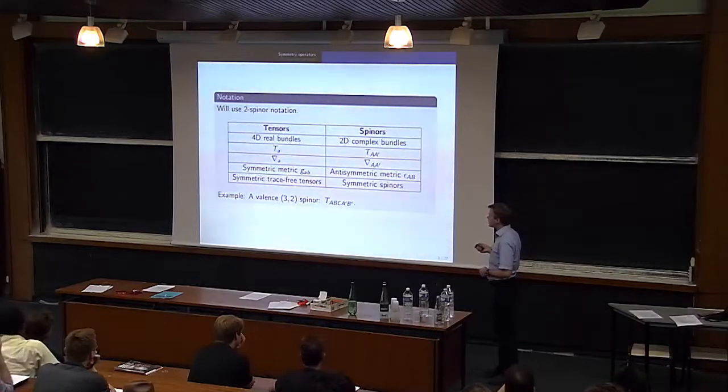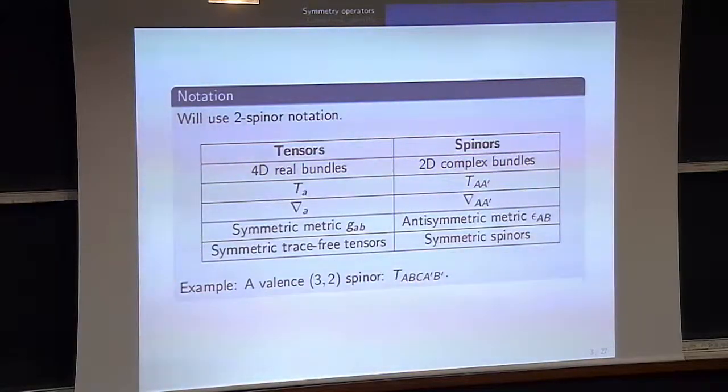But for the spinors here, I'm going to use the two-dimensional complex spin bundles. Abstract indices like A then become a pair of indices A and A prime. And of course, the covariant derivative also gets two indices, even though it's still just a first order operator.